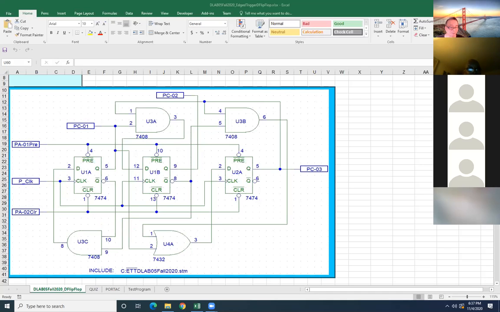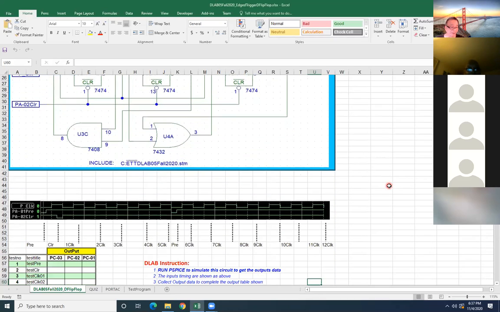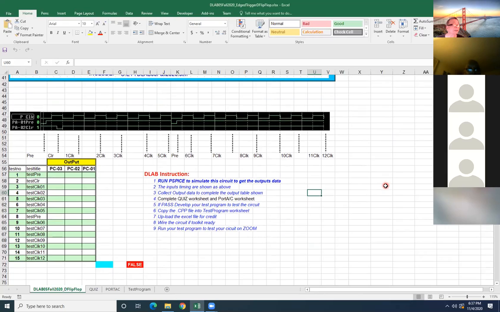Now, I don't know if they can see that, Mr. Pham, but that clock is P_clock, which means that will be the clock from a function from my program. If you're looking in here, first you have to draw that circuit using PSPICE. Then the first test will be preset, the next will be clear, then first clock, second clock, and so on.